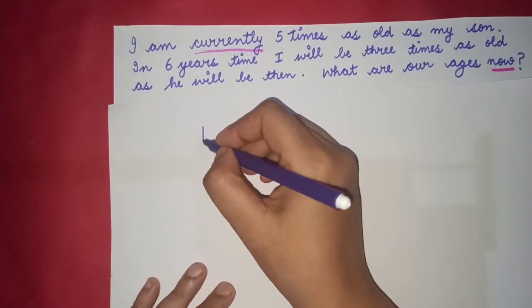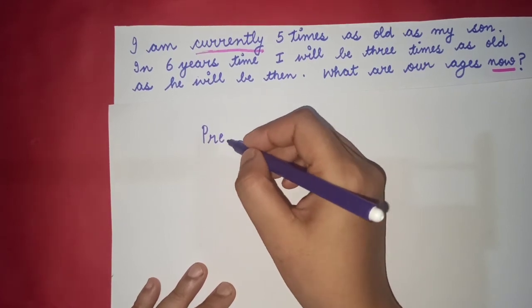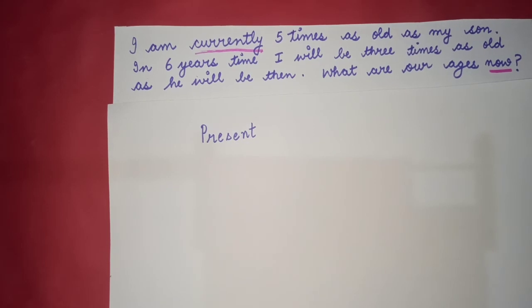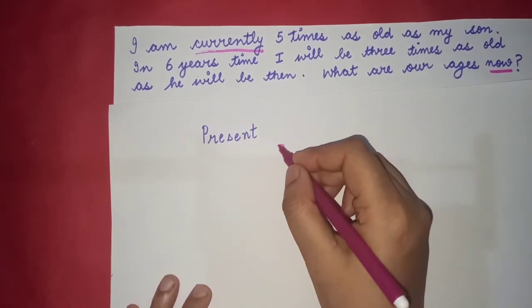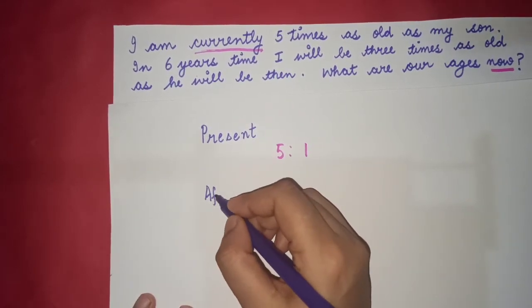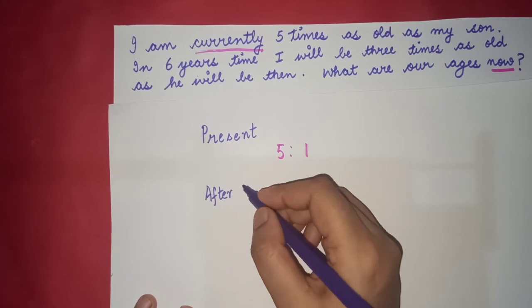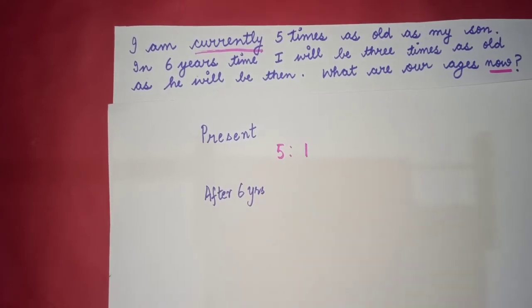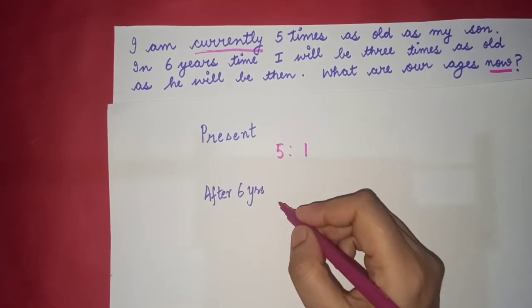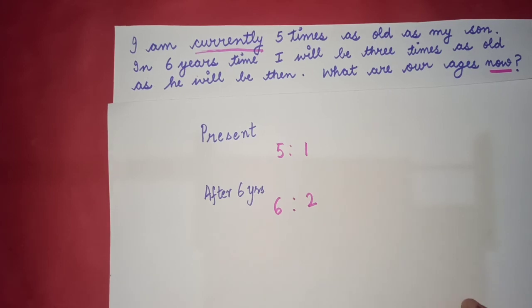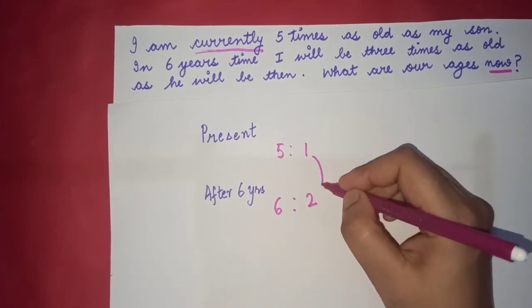At present the ratio is 5:1, and after 6 years the ratio will be, which we have multiplied by 2, 6:2. Now just look at the difference.